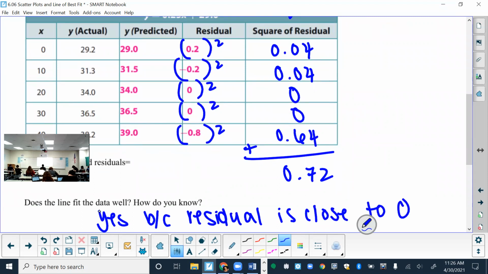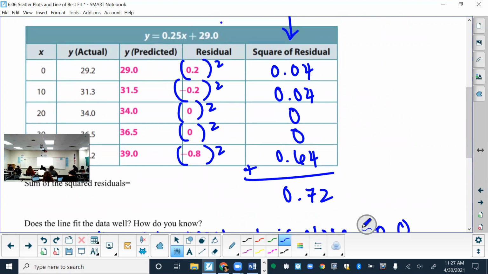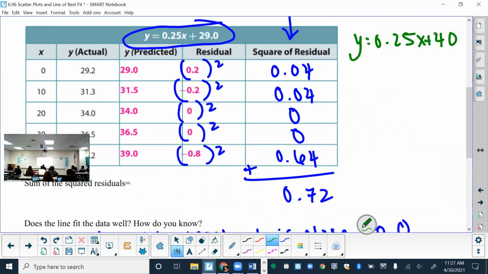All right, what you'll usually see is you being given two lines. So here's one line of best fit, and you'll be given another one. Let's say it's y equals 0.25x plus 40, right? And you'll be asked to figure out which one is better.